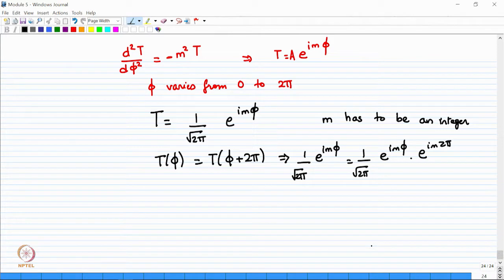Okay. So if these two have to be equal, then you can immediately see that you can cancel these and you get the condition e to the i m 2 pi equal to 1. Now e to the 2 pi i is just 1.